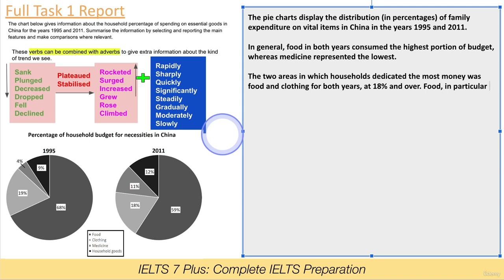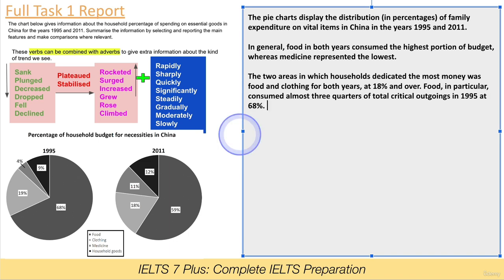Food in particular consumed almost, I mean, it's almost three quarters of total vital critical outgoings in 1995 at 68%.